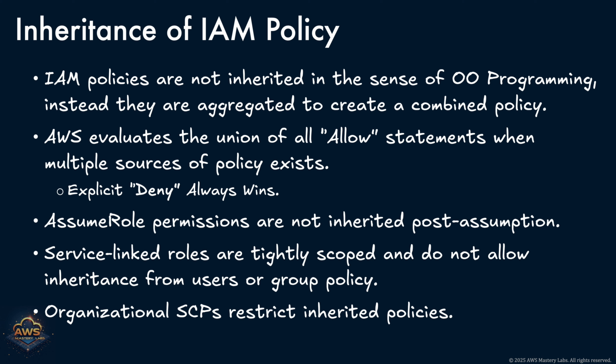When an IAM user has policies from multiple sources, for example, directly attached user policies, group policies, and potentially session policies, AWS evaluates the union of all allow statements. If multiple policies allow access to a resource, those permissions are combined, enabling the actions across the resources specified.